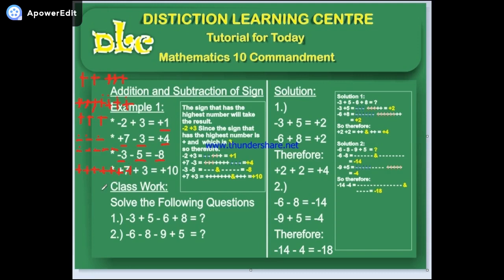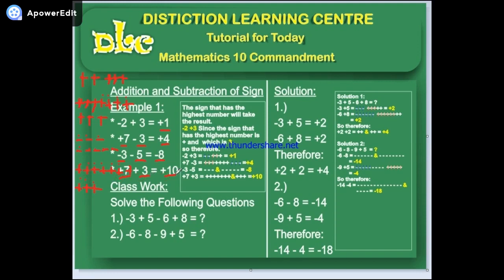So you are going to draw another 3 plus: 1, 2, 3. If you count all the plus together, what are you going to get? 1, 2, 3, 4, 5, 6, 7, 8, 9, 10. So plus 7 plus 3 will give us plus 10. Wow, this is interesting.